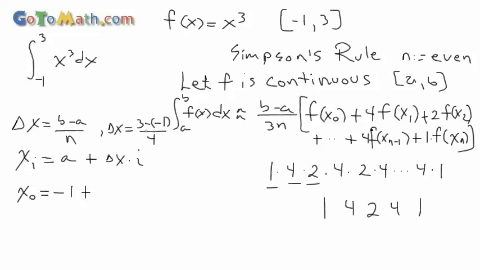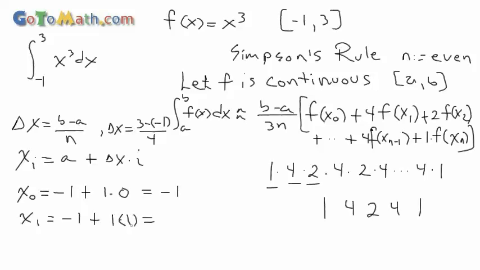I have now run out of room. So this is 3 plus 1, which is 4, and 4 over 4 is 1, so that's easy enough. x naught is negative 1 plus delta x, which is 1, times 0, equal to negative 1. And then x1 is going to be negative 1 plus delta x, 1, times 1.